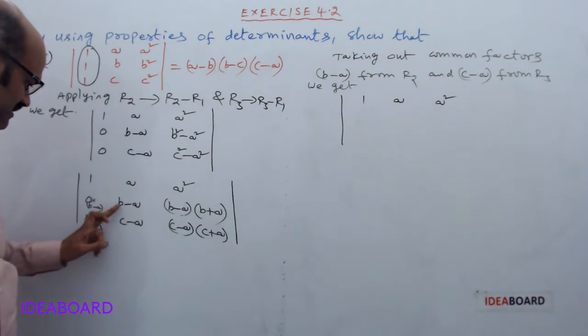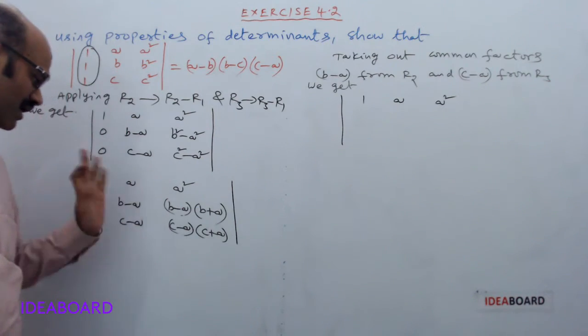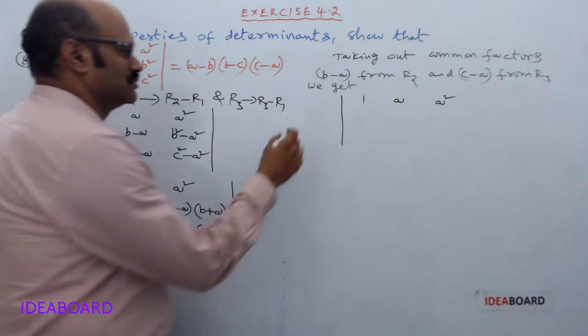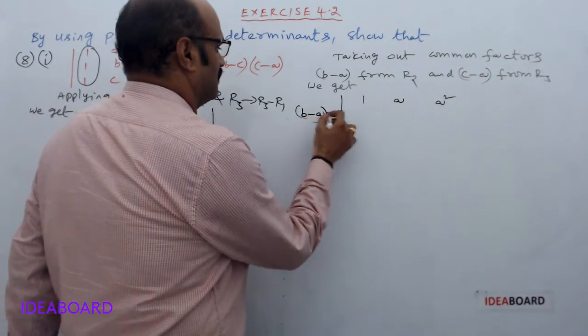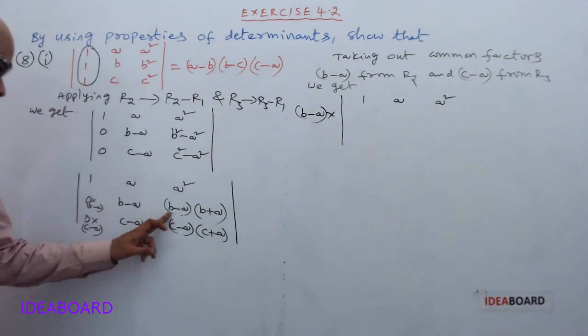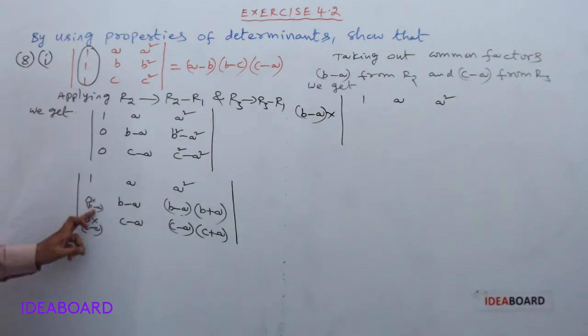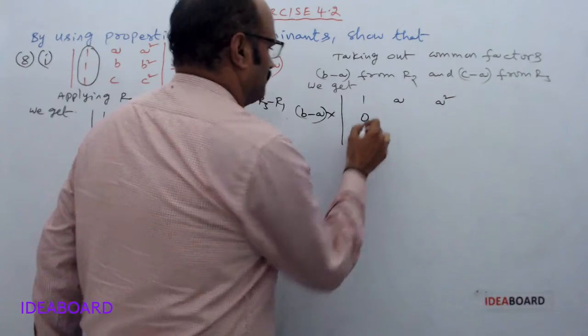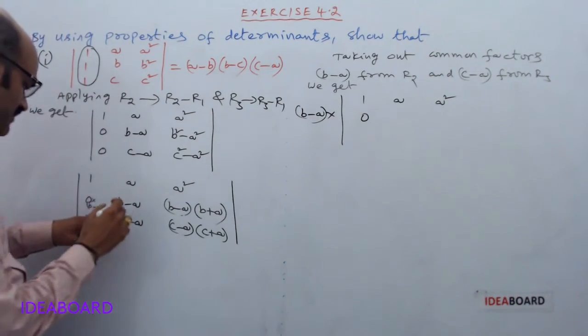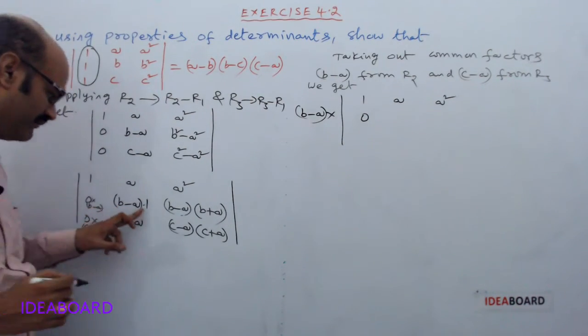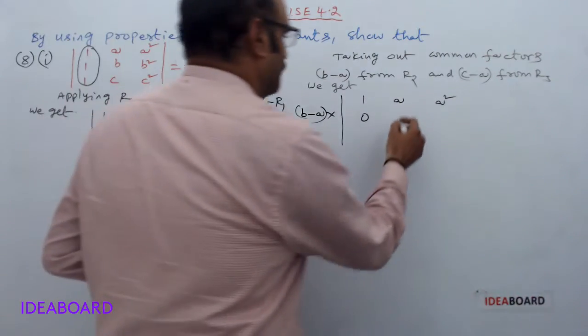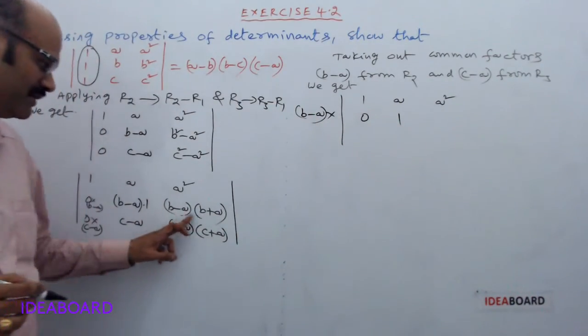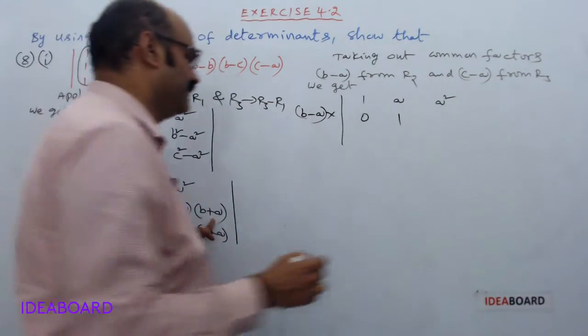Now take b minus a from R2: 0, 1, b plus a.